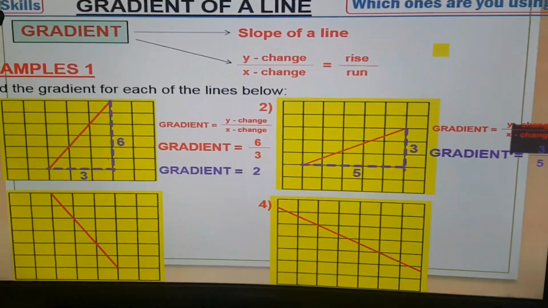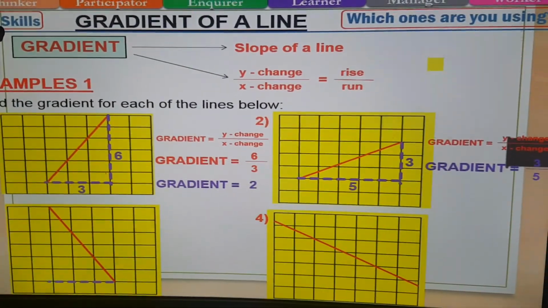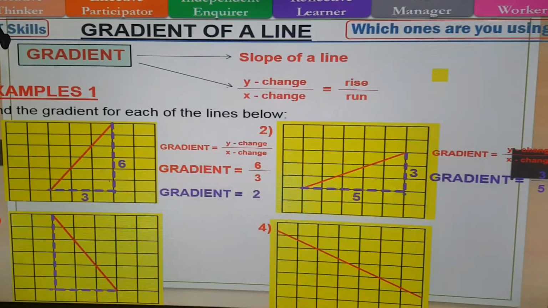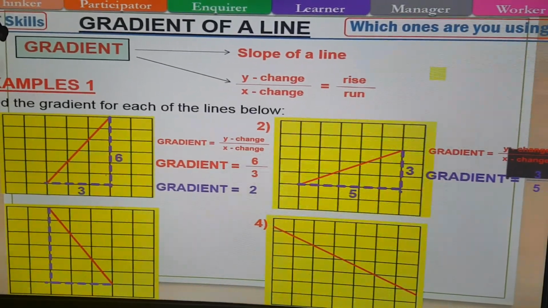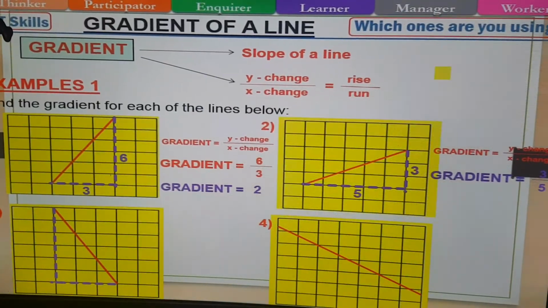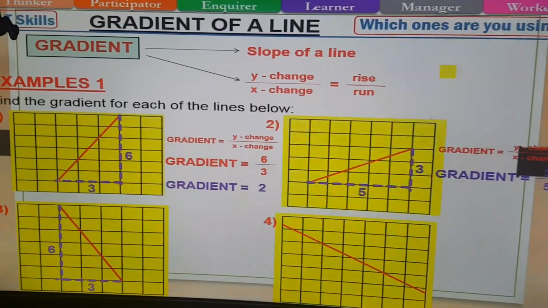Now the next question will be change in y over change in x. So how many units horizontally and how many units vertically? Vertically we've got 6 units, horizontally we have 3 units.